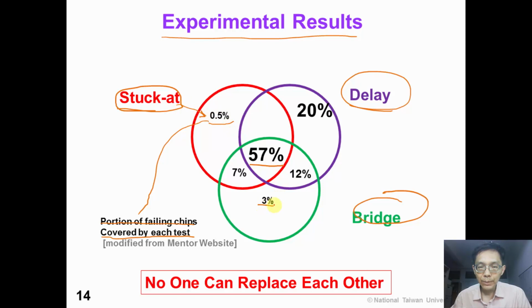There are 3% of chips that fail only the bridging fault test. And there are 20% of chips that fail only delay fault testing. So we can see from this Venn diagram that, in reality, no one test can replace the others.